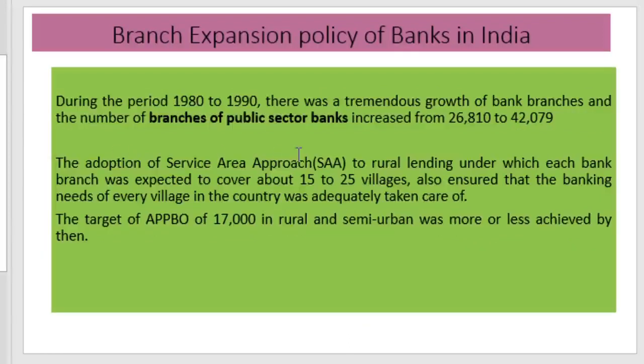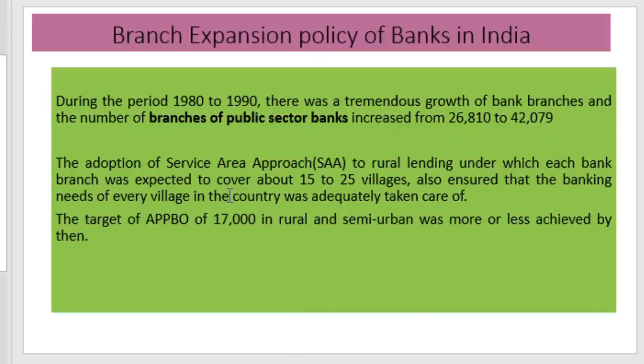During 1980 to 1990, there was a tremendous growth of bank branches, and the number of branches of public sector banks increased from 26,810 to 42,000. The number almost doubled during this ten-year period.